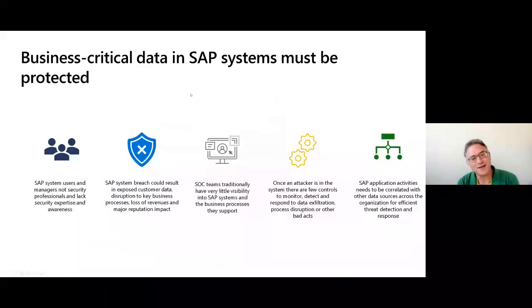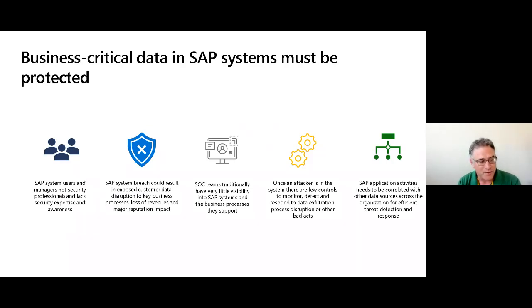When we look at the business-critical data within SAP applications and understand that it must be protected, we face a couple of different challenges. First, like I started with, a breach into an SAP system can result in a real catastrophe: disruption of the company's operation, manufacturing, and even wire transfer of money and stealing sensitive information from the organization, leading to loss of revenues and reputation impact.